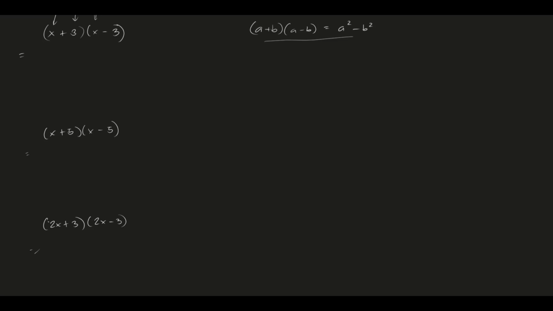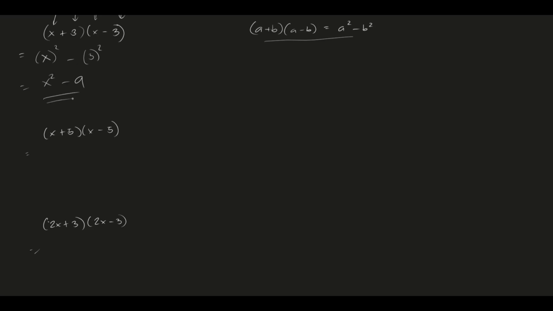Also at the same time here, we have a, we have b. So following the formula, we have a squared, so our a is x squared, then minus, we have our b squared, which our b is 3, so 3 squared. So we have x squared minus our 3 squared is 9, so we have x squared minus 9 is our final answer.